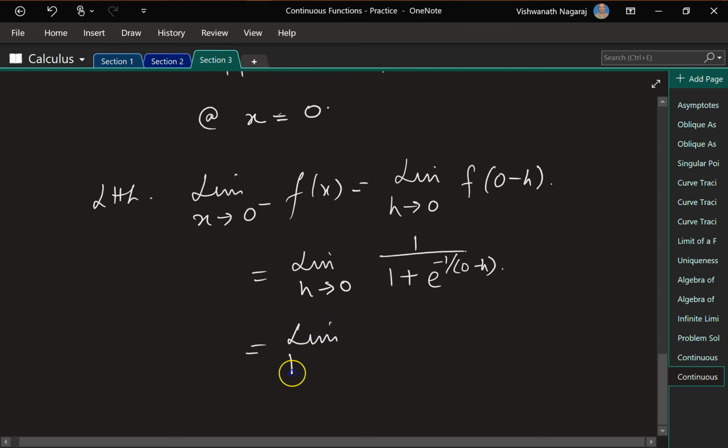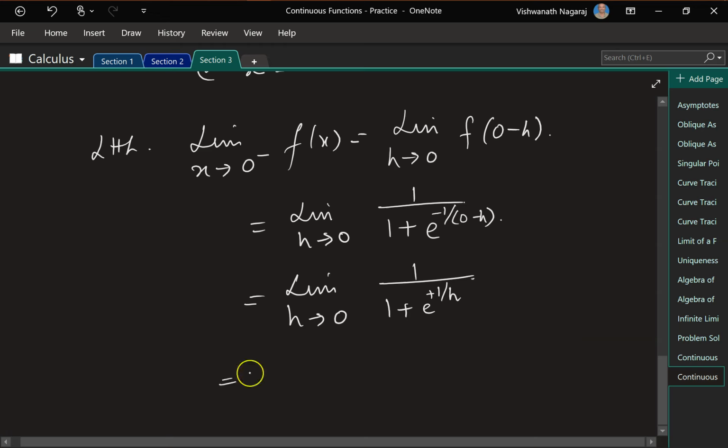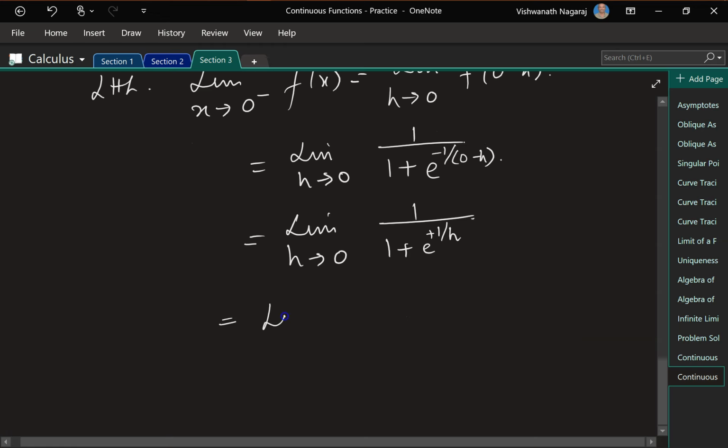That is limit as h approaches 0 of 1 by 1 plus e to the power of 1 by h. Now we can manipulate this in different ways. What we can do is divide both numerator and denominator by e to the power of 1 by h.